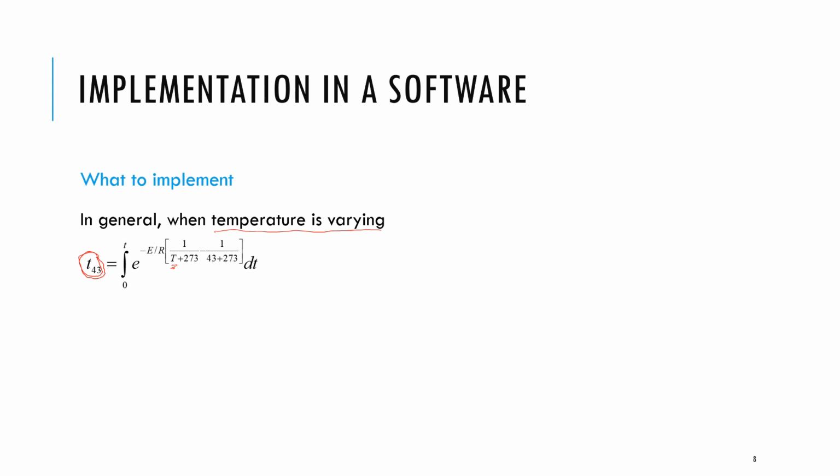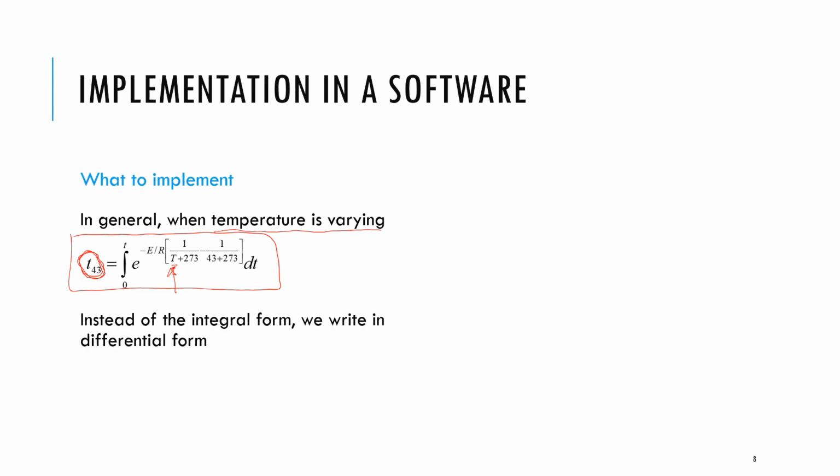If I want to implement this in a software, meaning for some temperature time history, I want to calculate what is the final T43 time, what is the equivalent heating time, what is the time that will give the same injury if it were heated at 43 degrees.